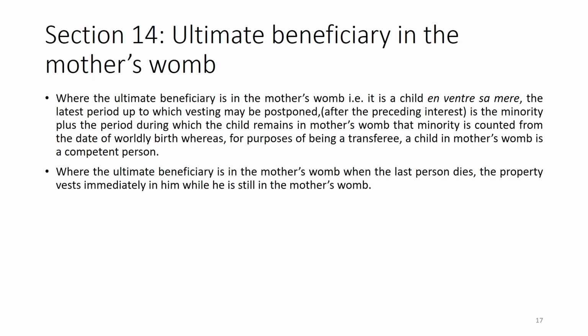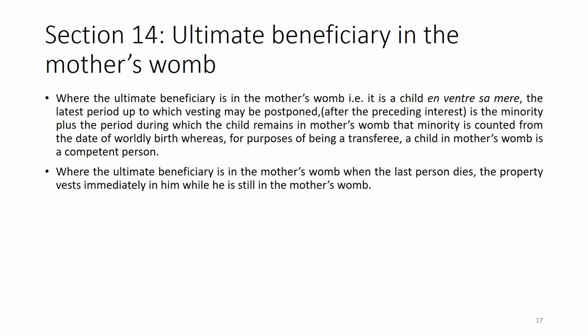What it says is that where the ultimate beneficiary is in the mother's womb, that is, a child in ventre sa mere, the latest period up to which vesting may be postponed after the preceding interest is the minority plus the period during which the child remains in the mother's womb.